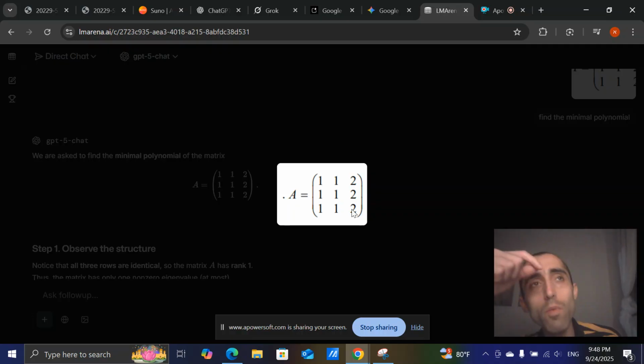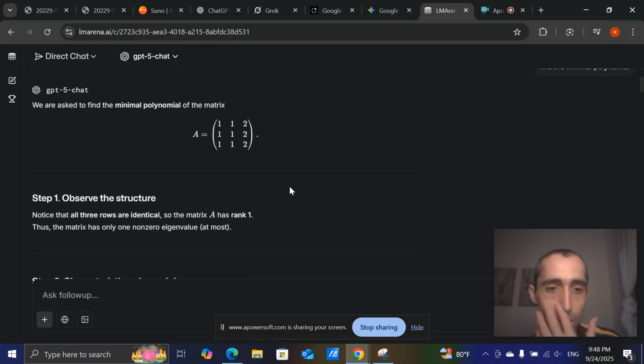So the minimal polynomial will be built from the eigenvalues 0 and 4. It will be x times (x minus 4). And the characteristic polynomial is (x minus 4) times x squared, because I have two eigenvalues which are 0.